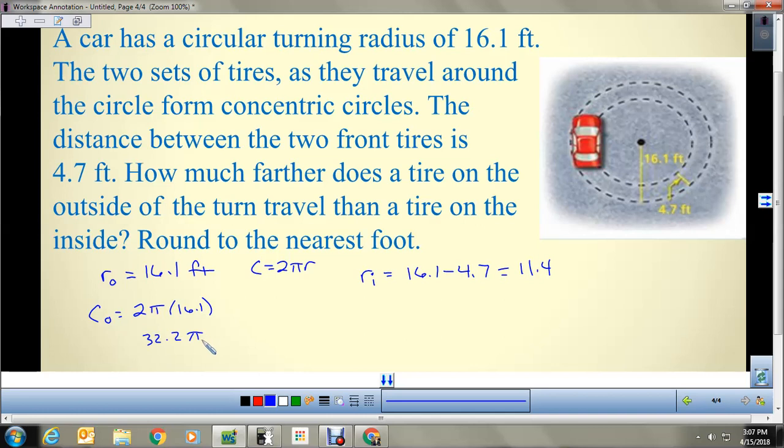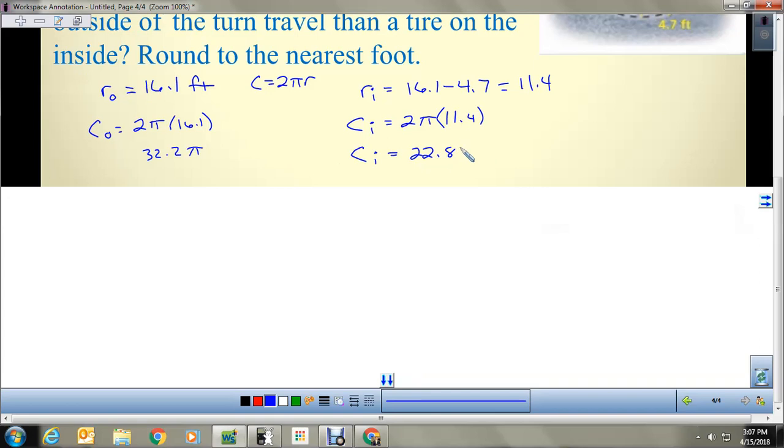We'll calculate the pi value in just a minute. So now we're going to do the same thing for the inside circle. We have 2 times pi times the radius. Well, the radius of this is 11.4. And that means the circumference of the inside is equal to 2 times 11.4, which is going to be 22.8 pi.